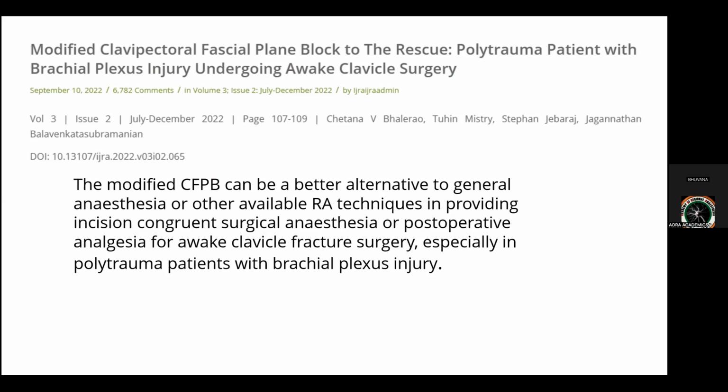They concluded it is a better alternative to general anesthesia and other available regional anesthesia techniques, providing concurrent surgical anesthesia at the incision site. They also concluded it provides post-op analgesia for awake clavicle fracture surgeries, especially in polytrauma patients with brachial plexus injuries.